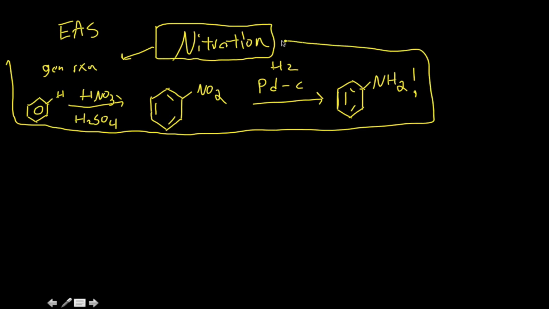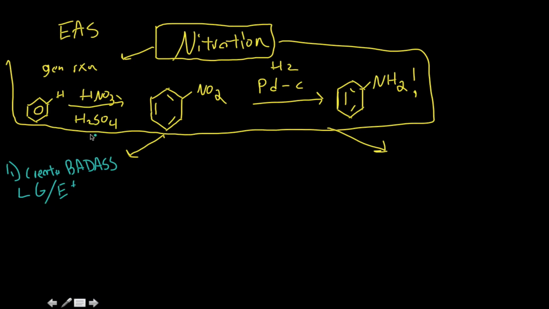Let's go into the individual steps. So I'm going to draw these two branching off from here. Hopefully I will not run out of room. So step one is to create a badass leaving group / electrophile. So how do we do this? Well, what are our reagents?